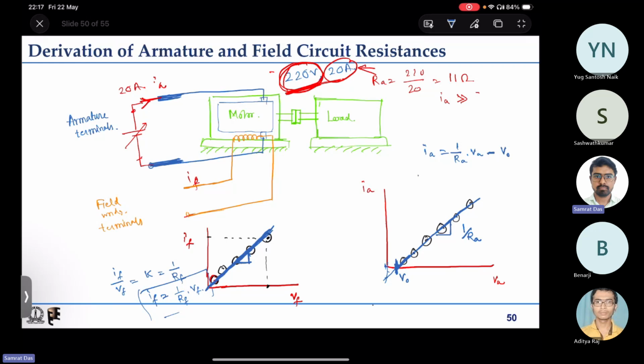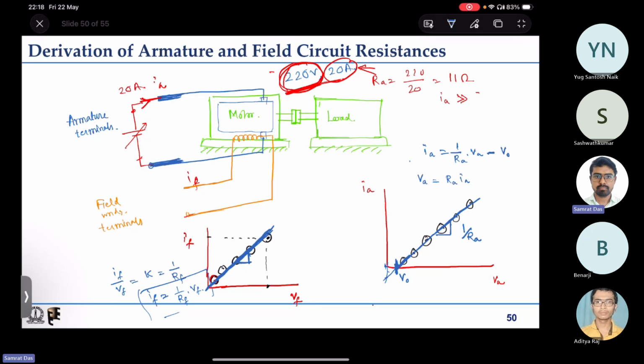So the equation that finally comes out is Va equal to Ra Ia.